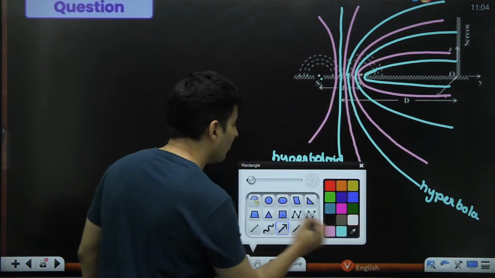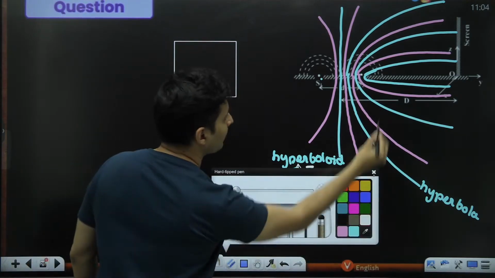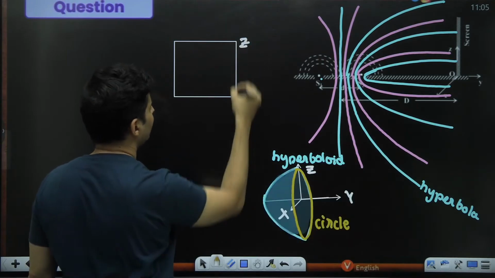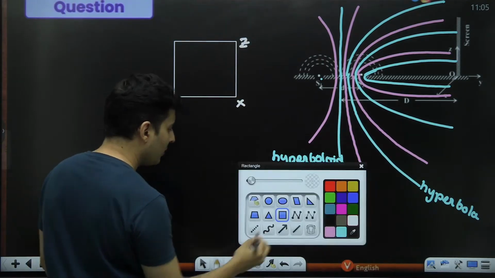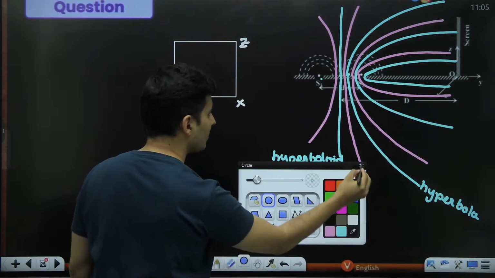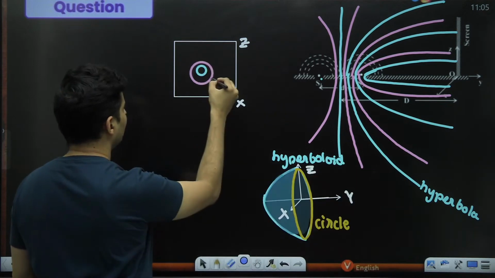So if you observe the screen, which is basically your ZX plane, this is the Z axis, this is, let's say, the X axis. What you are going to see is basically something like this, a bright, then a dark.